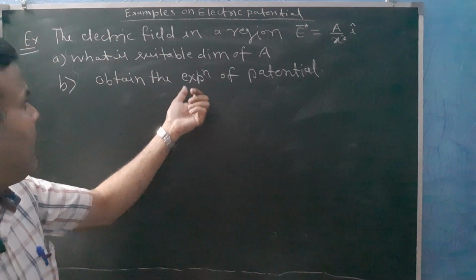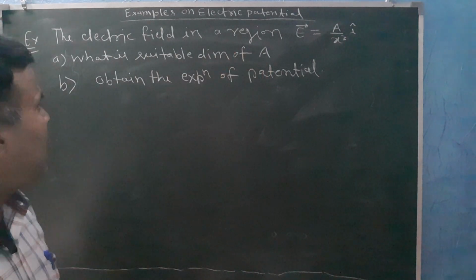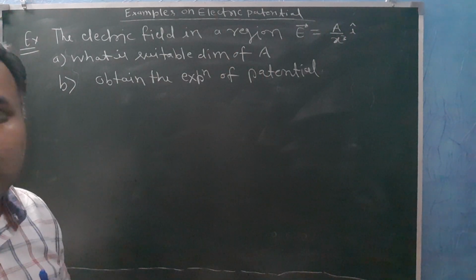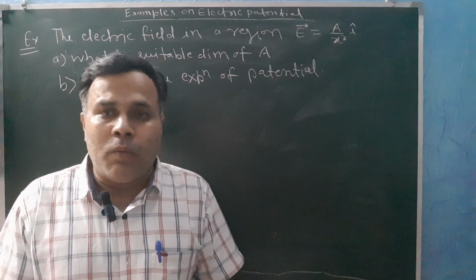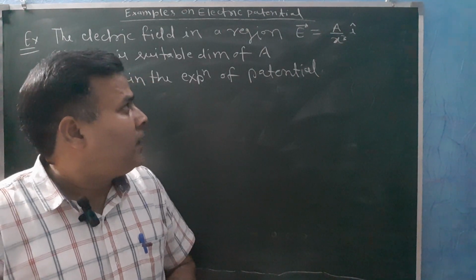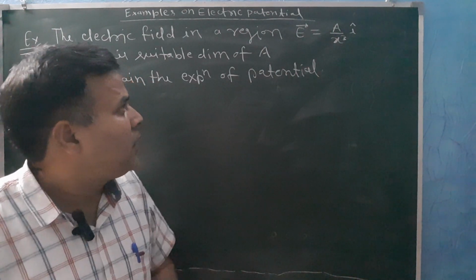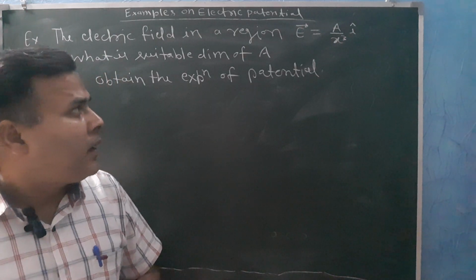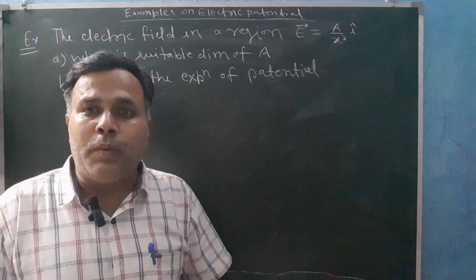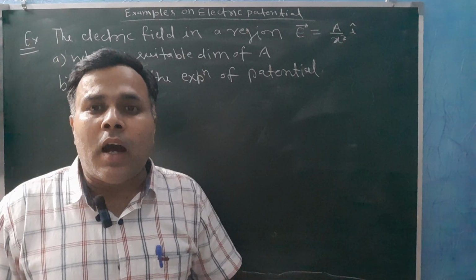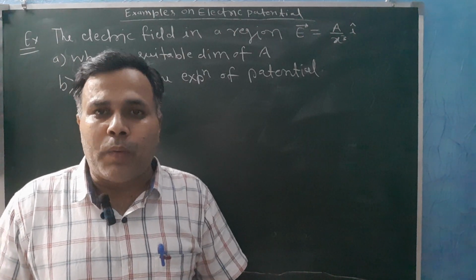So obtain the dimension of A and the suitable expression of potential. This question shows that for a given profile of electric field, we can find the potential profile.